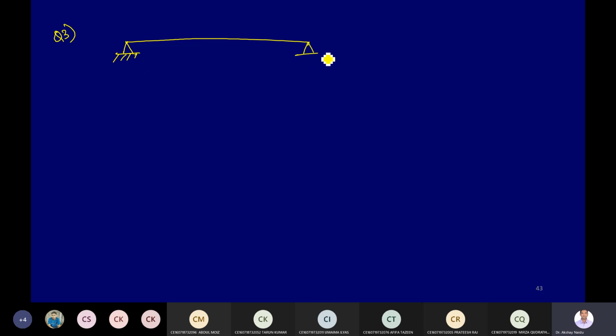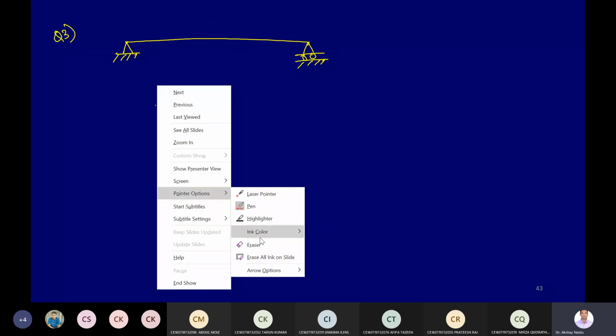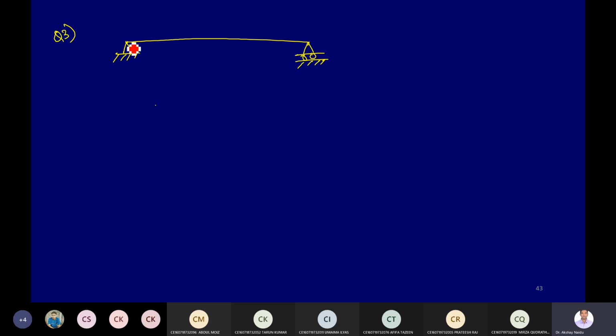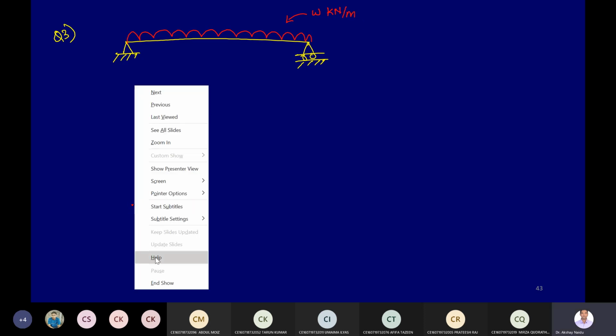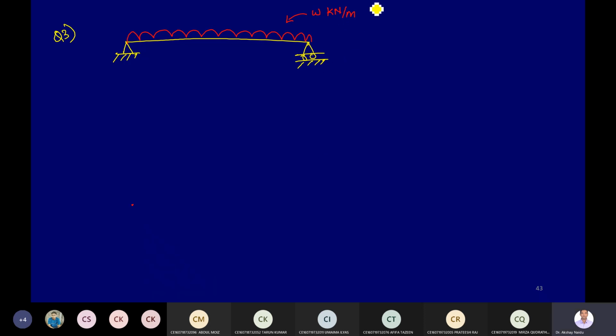For a simply supported beam with UDL over the entire span, find the maximum deflection at the midspan.